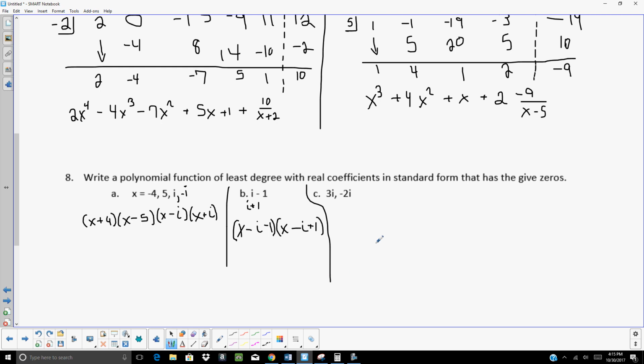All right, C. On that one, you'd also have negative 3i and positive 2i. So you'd have x minus 3i, x minus negative 3i. x minus negative 2i, which would give you x plus 2i.